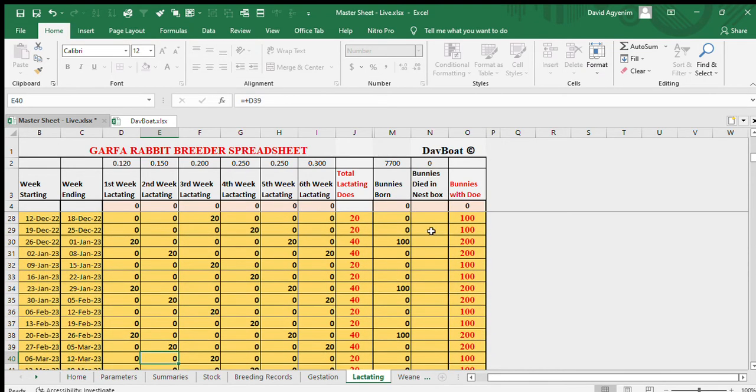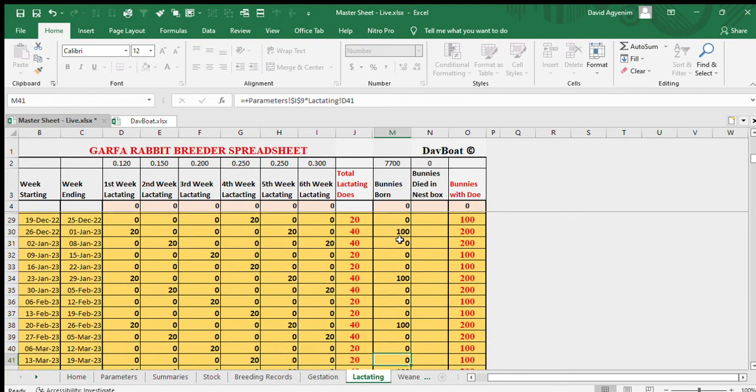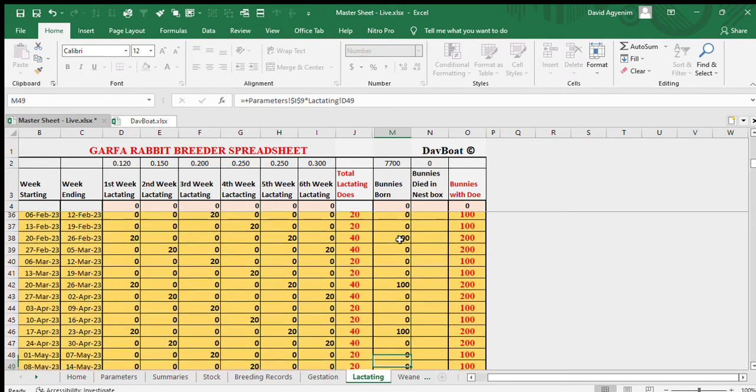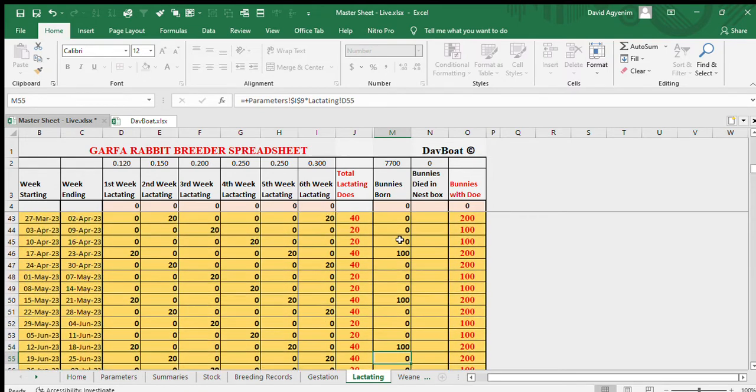It means every month you will be expecting about 100 bunnies born every 4 weeks. Then you have this number with the doe that you have not weaned. This will be the total number of does lactating at any point in time.